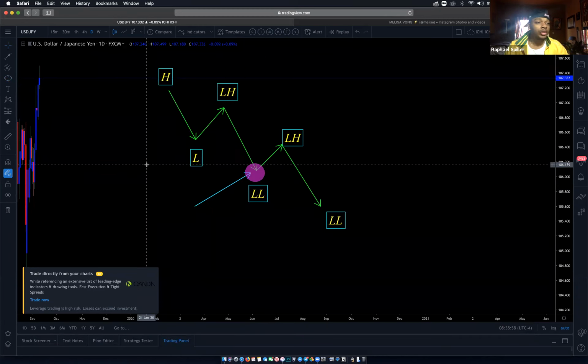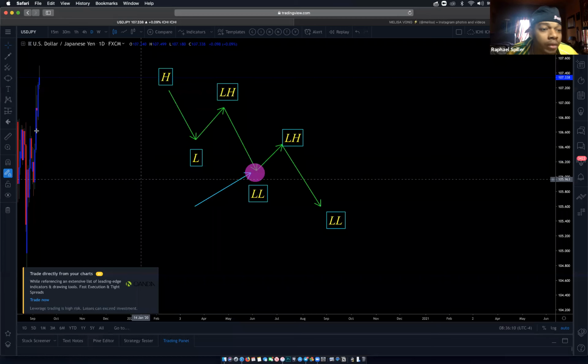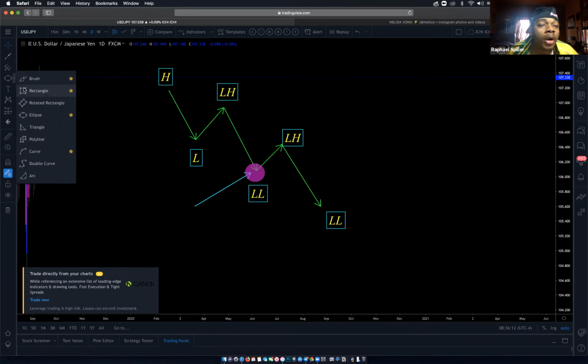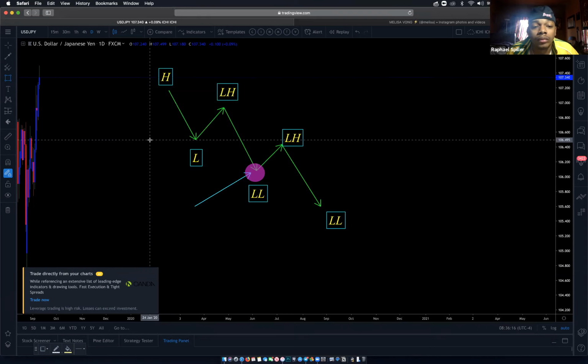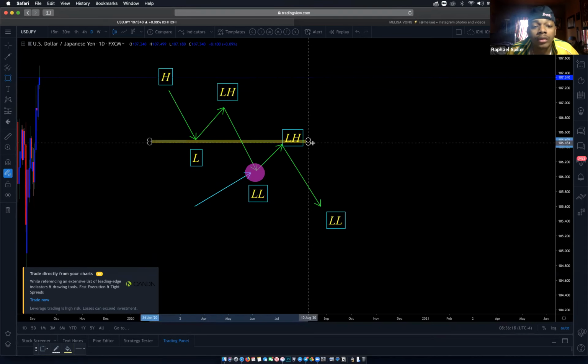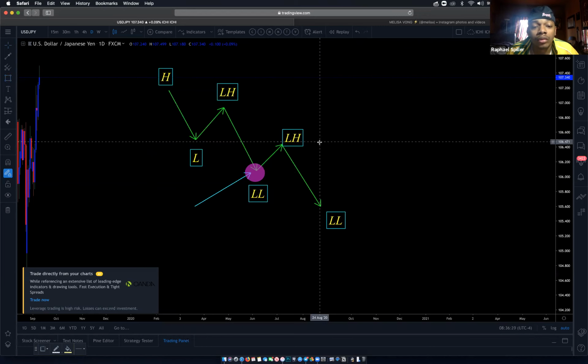Impulse, continuation, impulse. No, not what it is. How did this low happen? Yes, break a previous low. Correct. In order for a low to happen, you have to break this low right here.